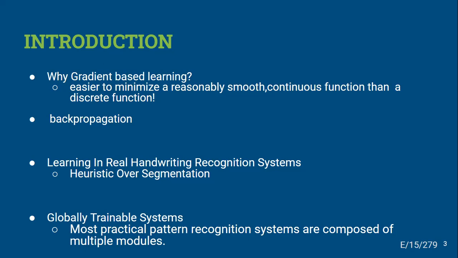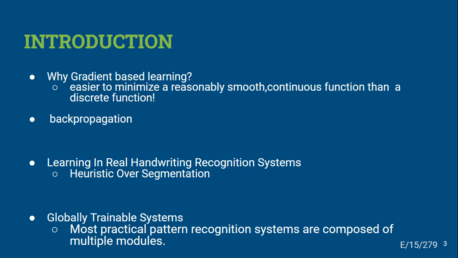The technique of doing that is called heuristic over segmentation. And in global trainable systems, they mention that most practical pattern recognition systems are composed of multiple modules. So those are the key facts extracted from the introduction.